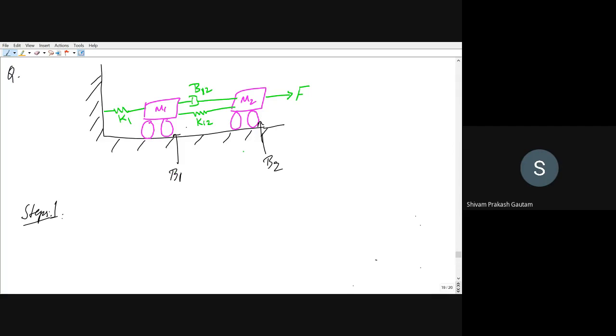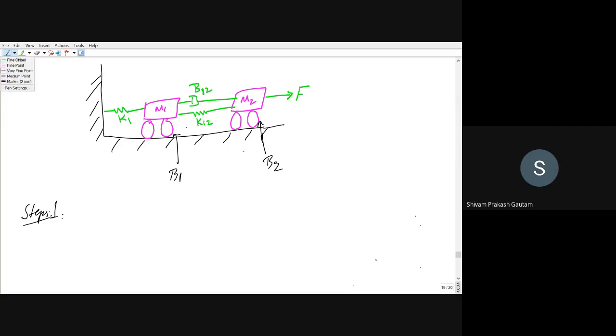In this mathematical analysis, we are doing a nodal analysis. In nodal analysis, our first step is to find the number of displacements. The number of displacements is given by the number of springs attached in the mechanical system. How many springs do you see here? Two, that is K1 and K2.